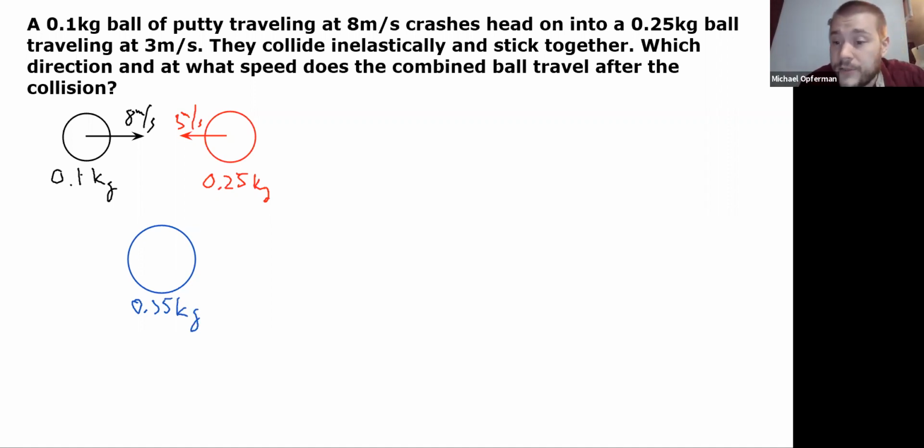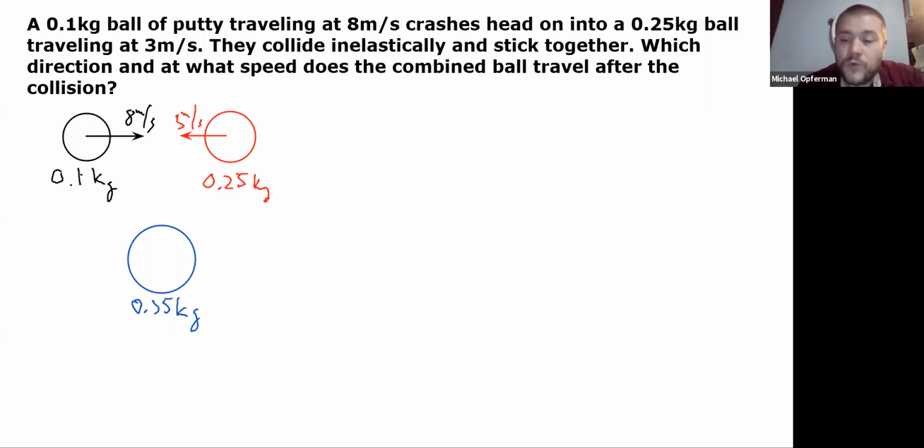Now, one thing that's interesting, and this often happens in these conservation of momentum style problems, is that I don't necessarily know, without having a lot of intuition and experience, whether the final ball is going to be going right or going left. I'm not too sure.